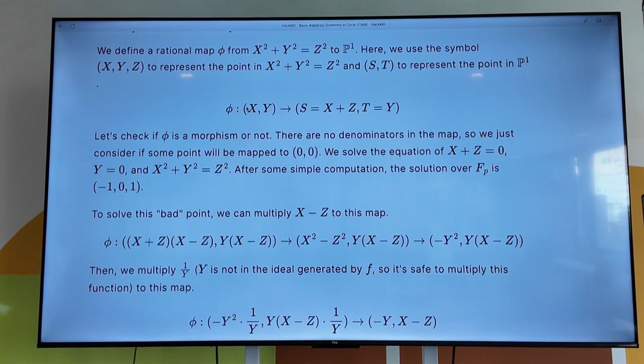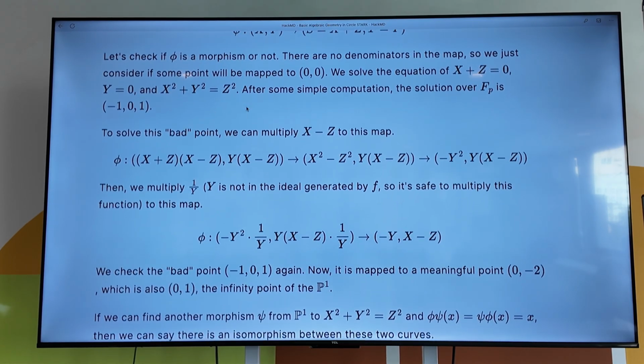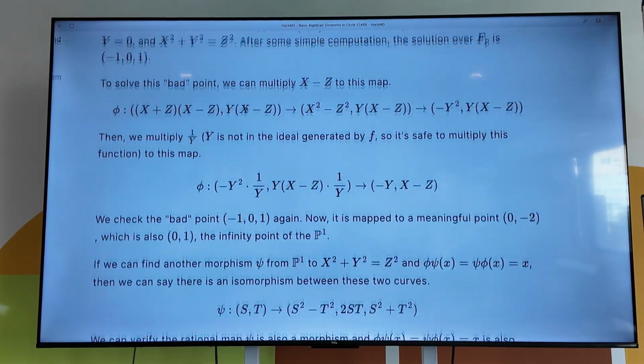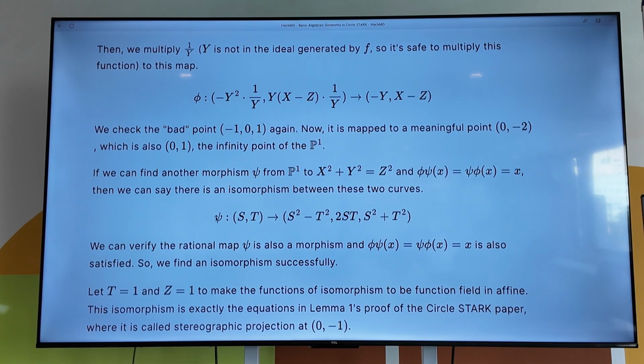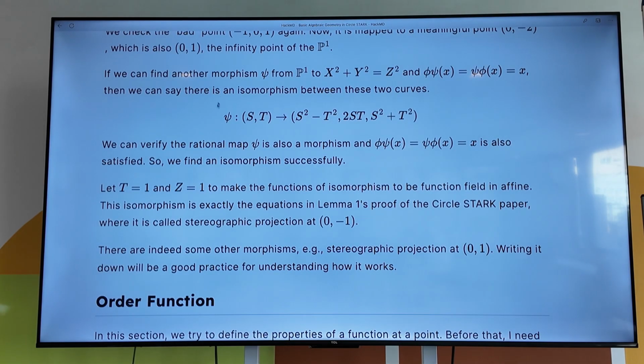So let's jump to this directly, and finally we can find another meaningful map called psi, which basically maps a point in P1 to the circle curve. We combine these two morphisms and get the identity, and that means the curves are isomorphic.